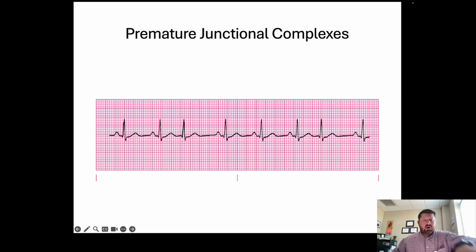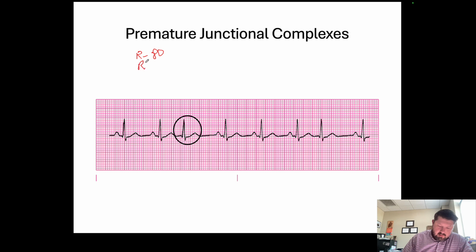Going through our steps for rhythm analysis, we're going to look at our rate. So our rate is 80. My rhythm. If I were to take my calipers and look, I could already tell that it's irregular because I've got a disruption in the R to R interval where that first premature complex occurs. So it's irregular.